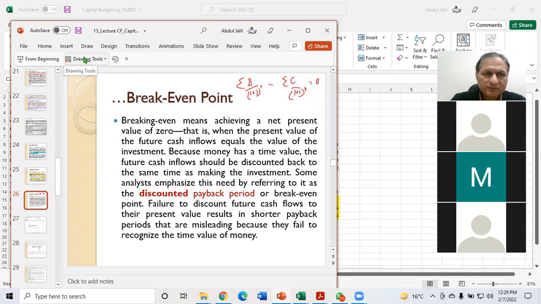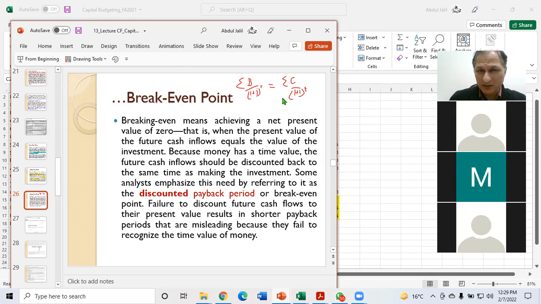So it will become, you can say, if I'm going to use a razor, then it will become equal. So total discounted benefits are just equal to total discounted costs. So that shows this break-even point situation, right?